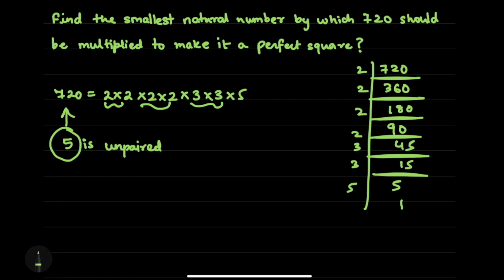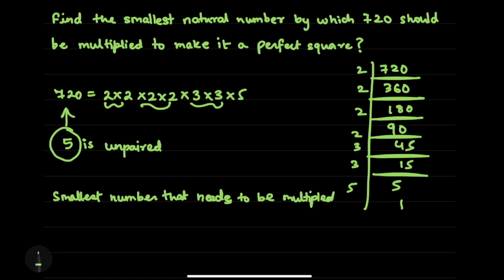So in our answer we would write: the smallest number that needs to be multiplied to 720 to make it a perfect square is 5.